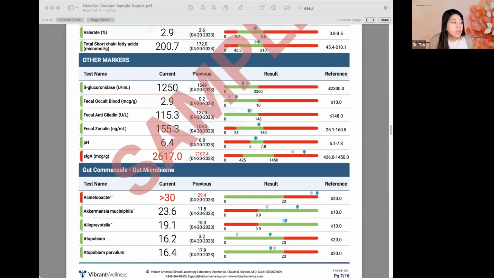Okay, now let's look at fecal zonulin. So fecal zonulin is a protein that basically binds to all the cells in between the, let me show you a picture. I like to show a picture. It just makes so much more sense.